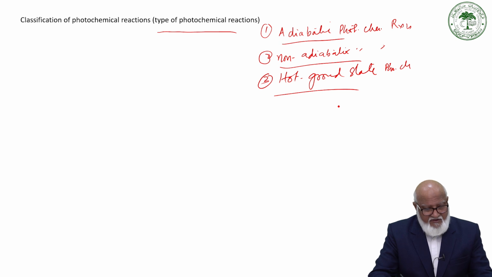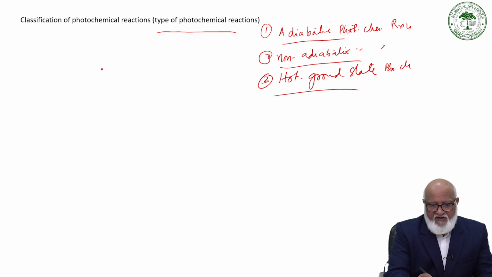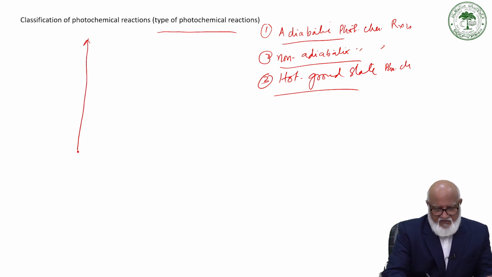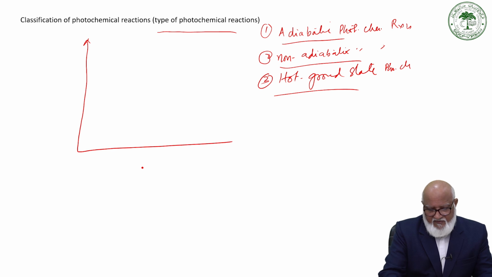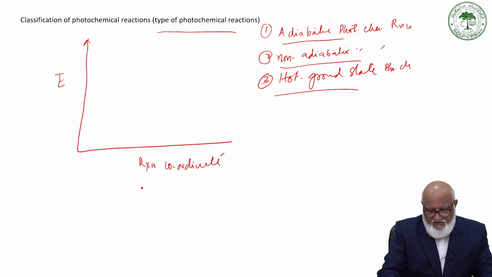And these reactions are self-explanatory, and they can be well understood by just looking at the energy components. Let's say, for example, this is the reaction coordinate, and this is the energy, or in other words, the progress of the reaction.